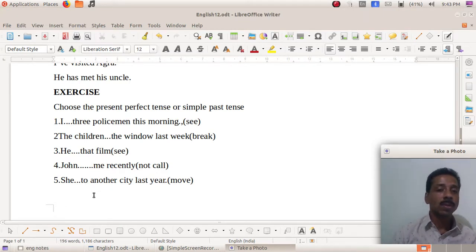There also a time reference is there. Last year, so the V2 form of the verb given, moved. She moved to another city last year. But if we remove last year, what will be the sentence? She has moved to another city. But here the time reference is there, so simple past.